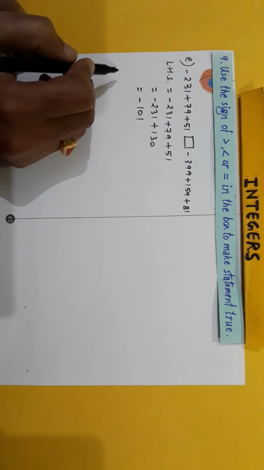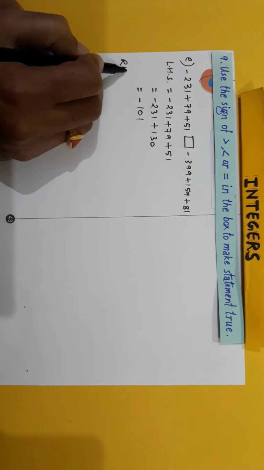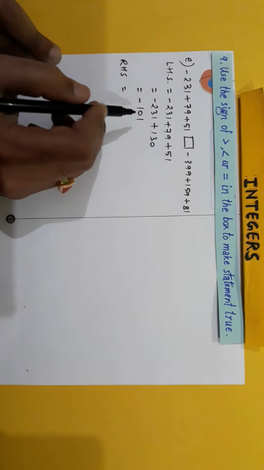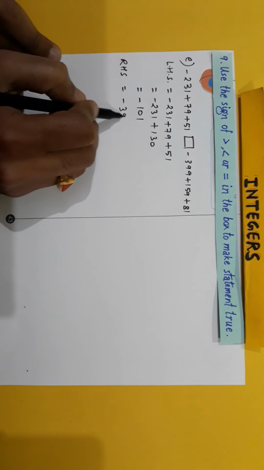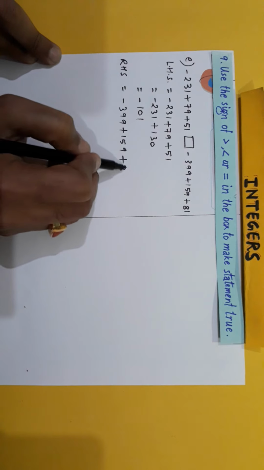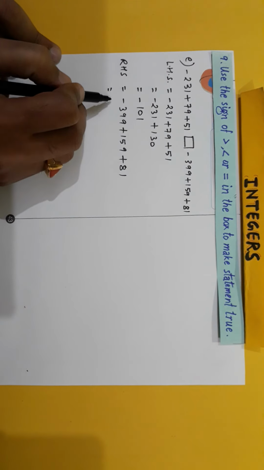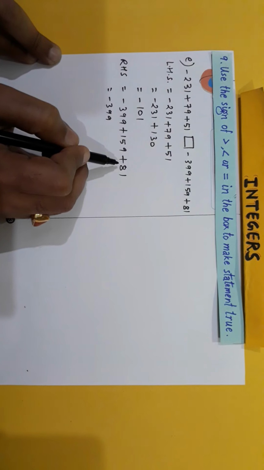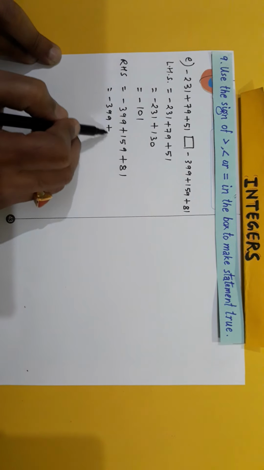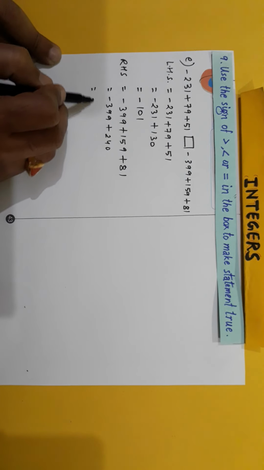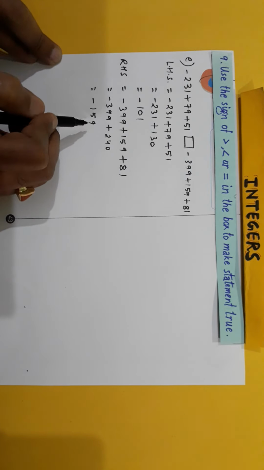Now let's take RHS. In RHS, the number that we have is minus 399 plus 159 plus 81. Now once again minus 399, when we add these two numbers then we get 240, and when we subtract then we get this number.